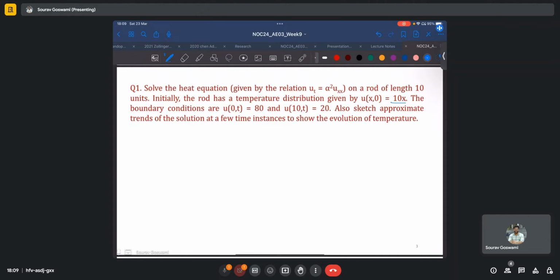So at say the left end it's 80 units and at the right it's 20 units. We are to find a transient solution to this situation, but also to plot the trend of the solution, that is our temperature distribution and its evolution with time for a few time steps, just to gauge an idea of how the temperature really evolves across the rod. So let's get started.